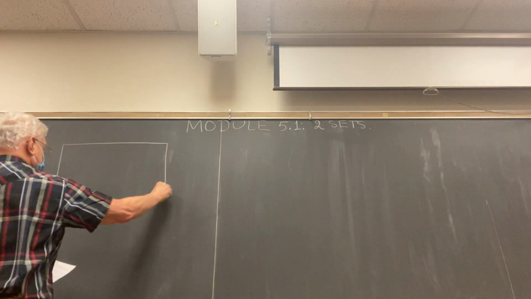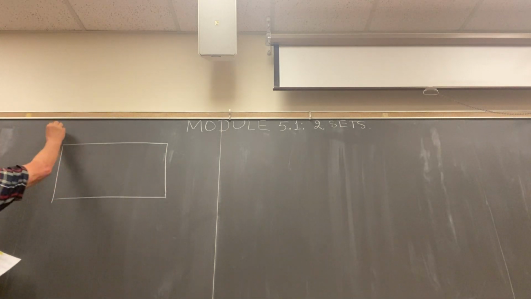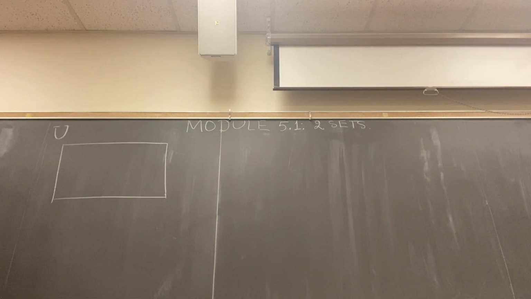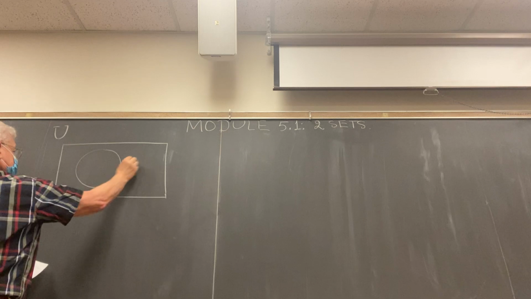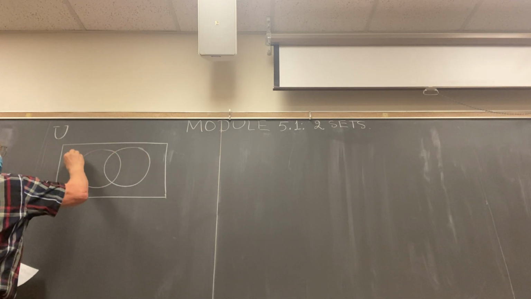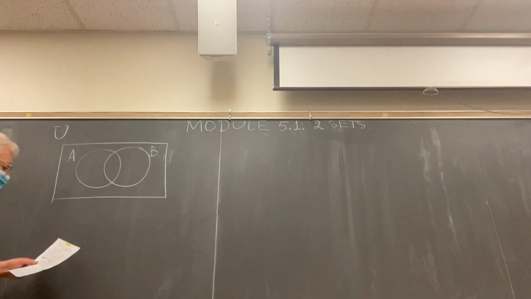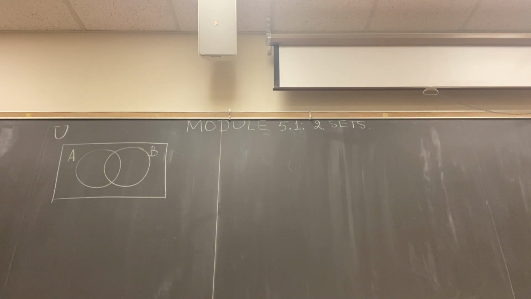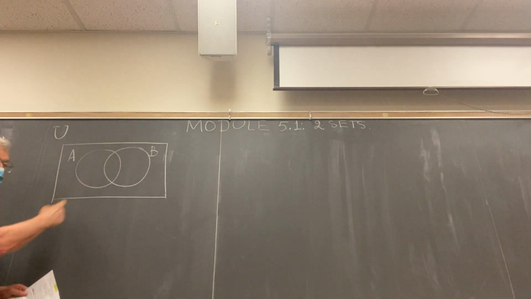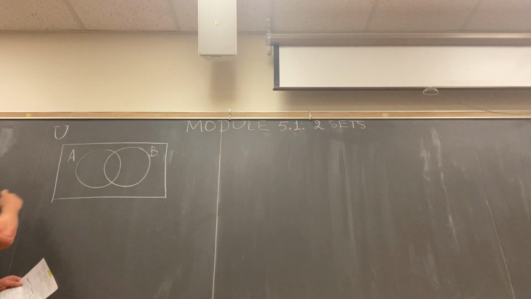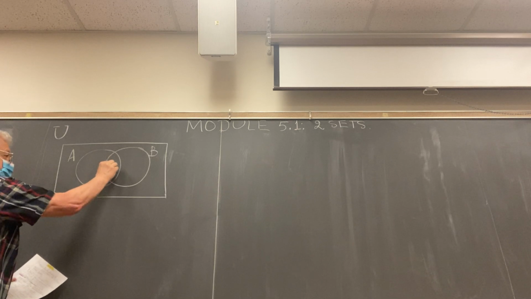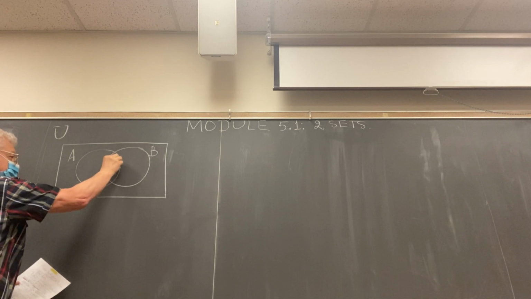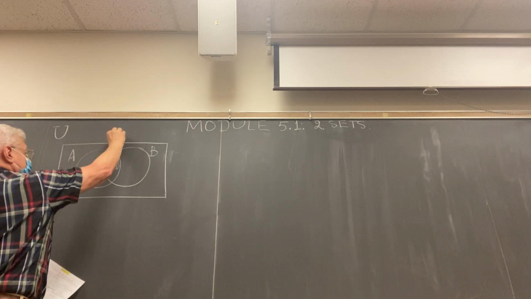That one is the universal set U. Universal set, and here we have set A and set B. I just remind you what each part is. So we have 3 parts inside A union B, and one part is outside. The part in between is called the intersection, A intersection B.